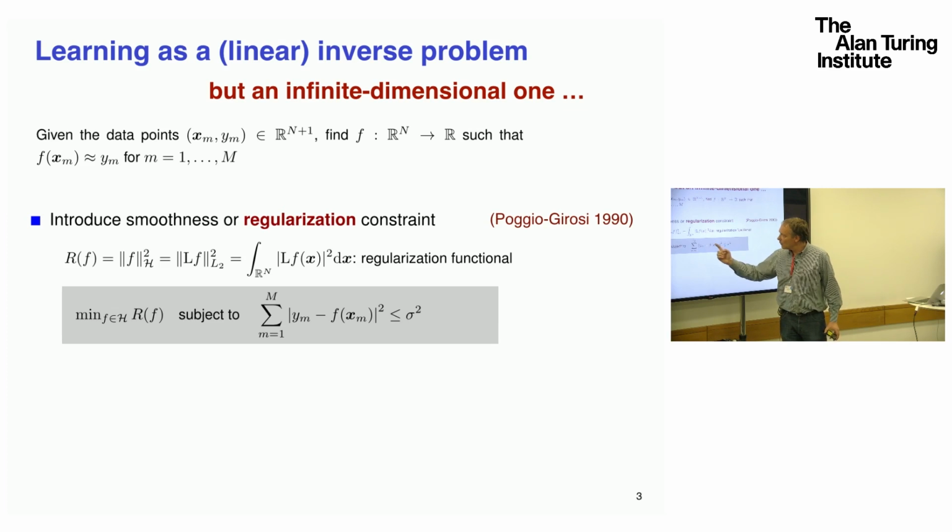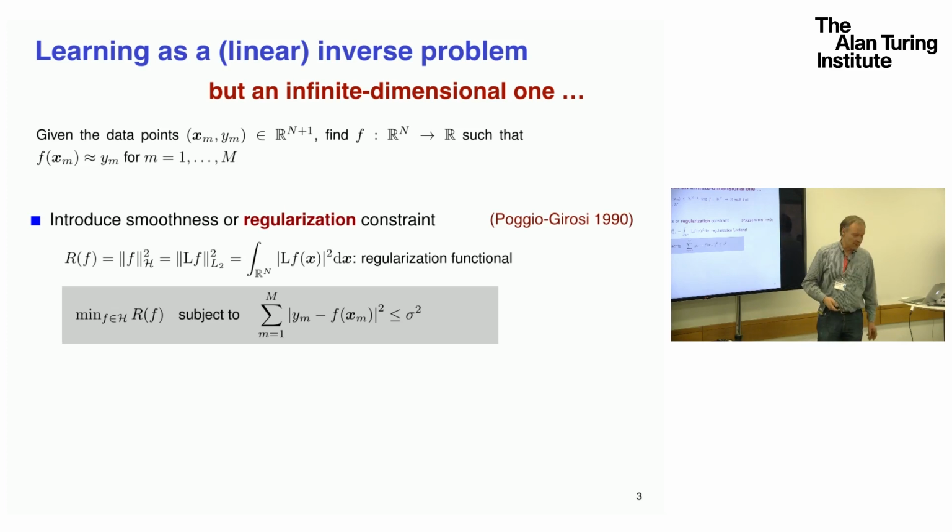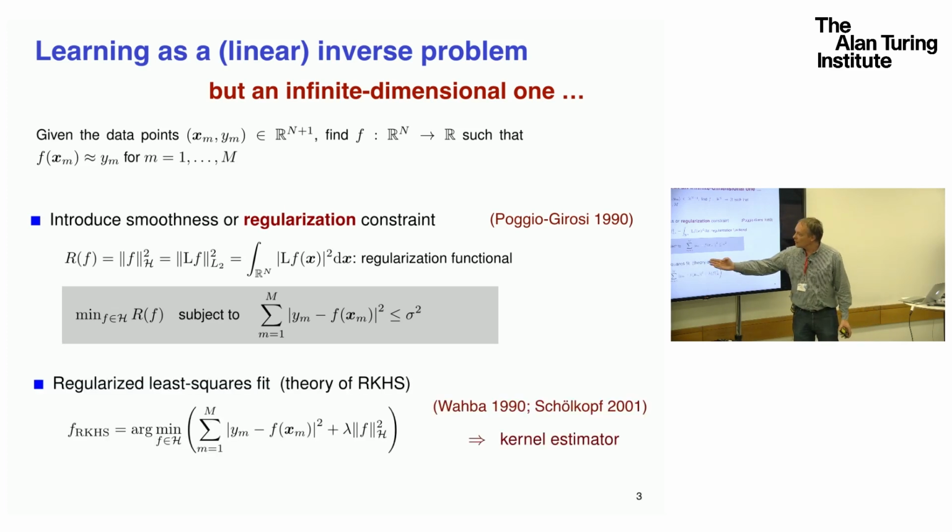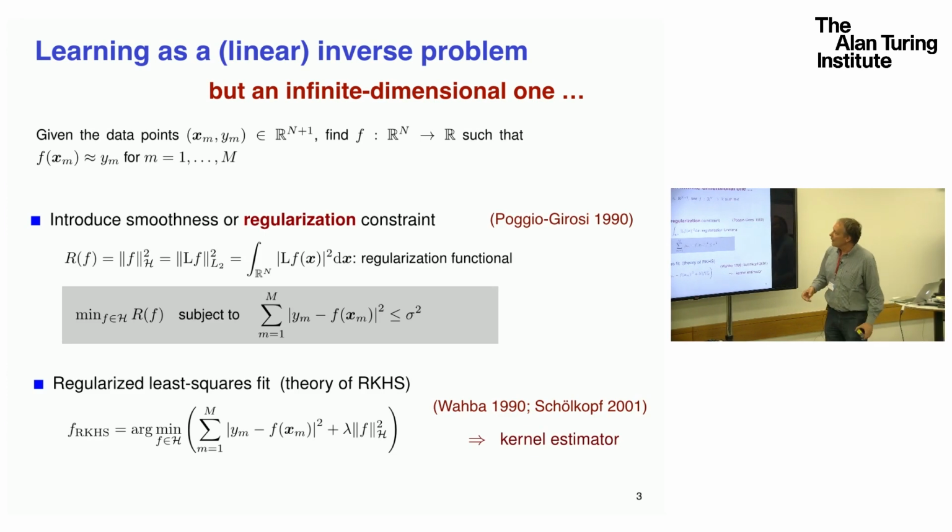So here you have a consistency term: you want this function that you're trying to guess to be consistent with your data. And then you're trying to minimize this energy functional and get the best possible fit. This leads to regularized least squares fit and the theory of reproducing kernel Hilbert spaces, so that we have a complete understanding of the solution of that problem.